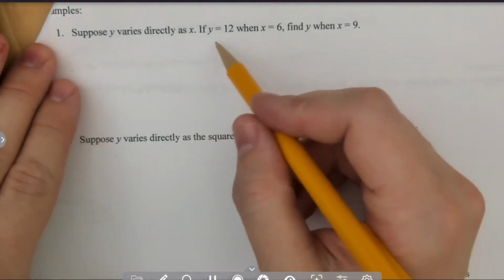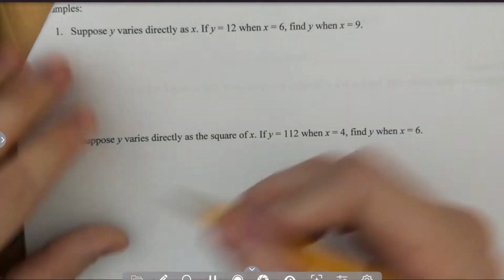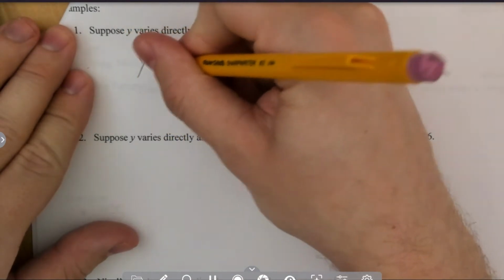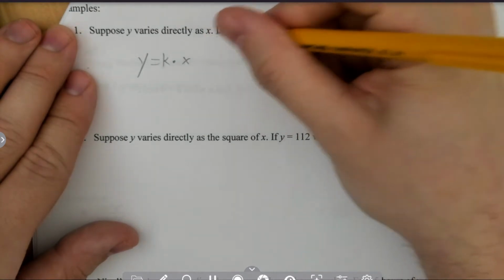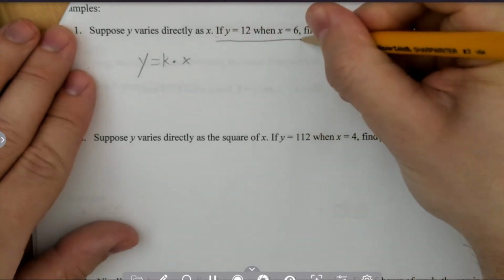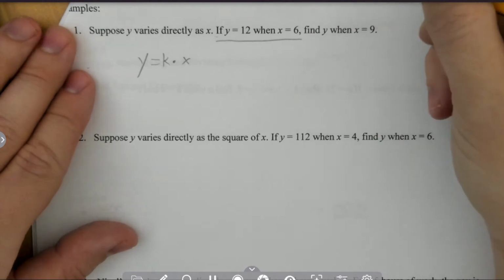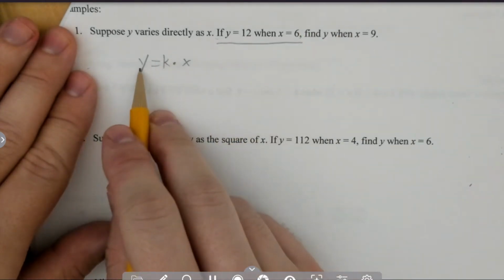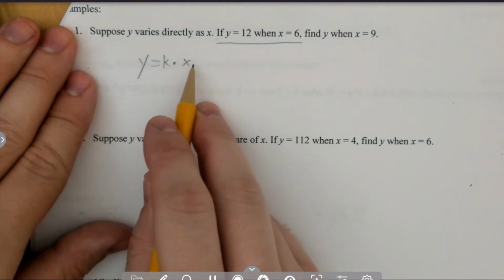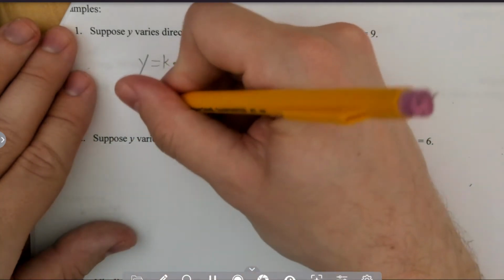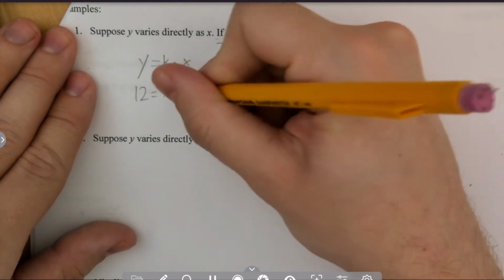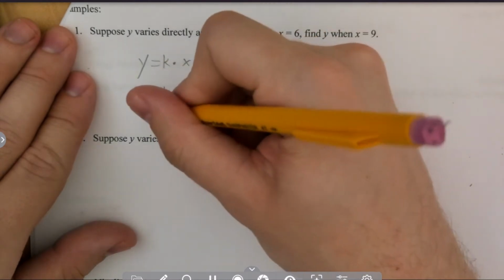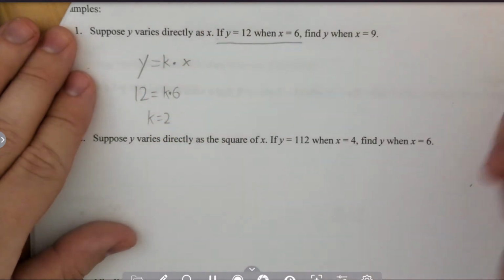So suppose y varies directly as x, and it says if y is 12 when x is 6. That's where you stop, because you can plug in 12 and 6, and now the only unknown will be k. If I simply divide by 6, I get k equals 2.